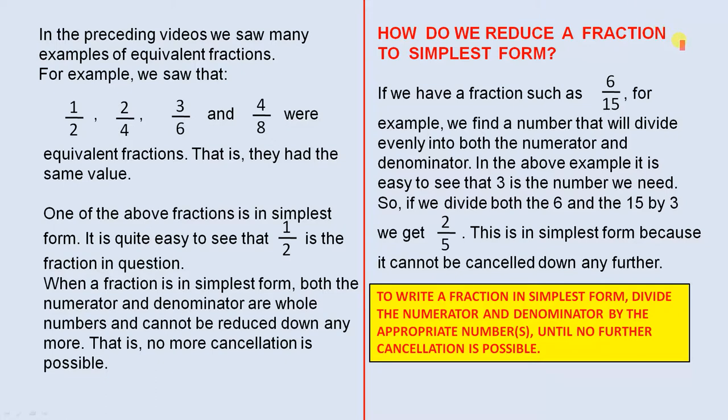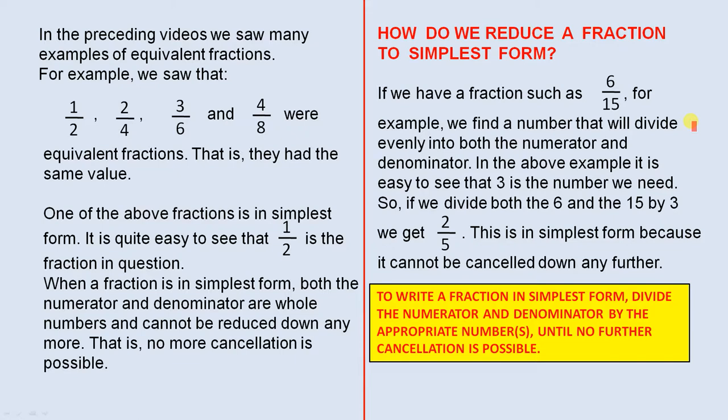How do we reduce a fraction to simplest form? If we have a fraction such as 6 over 15, for example, we find a number that will divide evenly into both the numerator and denominator. In the above example, it is easy to see that 3 is the number we need.